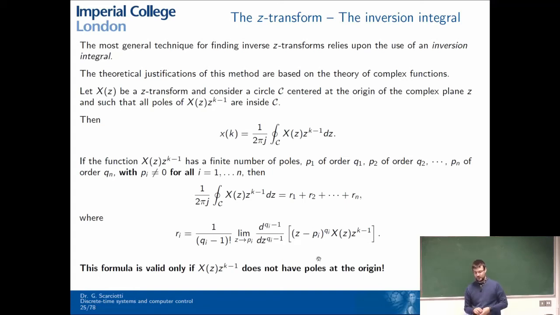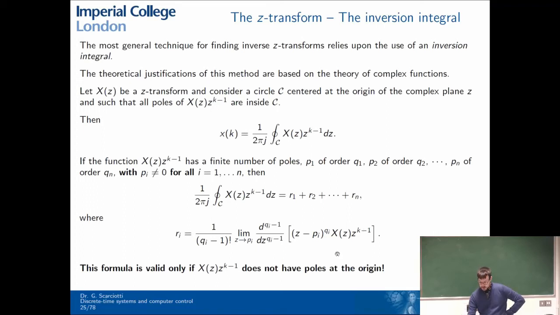So, what does it mean? It means that this inversion integral, that in general is difficult to compute, in many cases, and basically all the cases that we will see, there is a trick to compute this integral, and this trick is given by these residues, R1, R2, and so on, where the formula to compute these residues is given over here, okay?